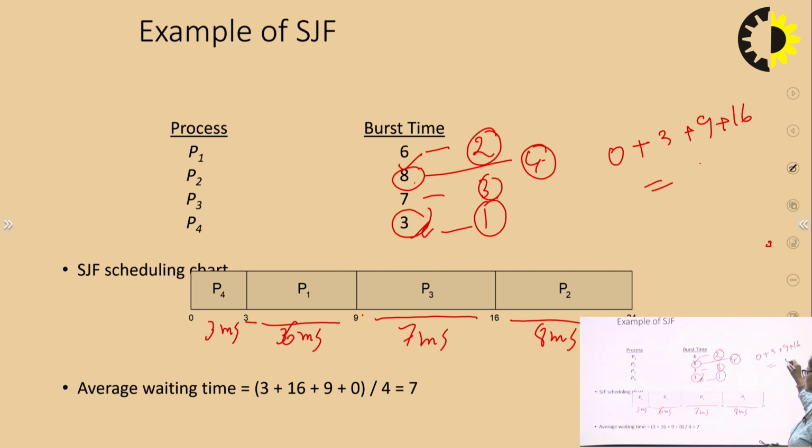So we get 7 milliseconds as the average waiting time. We can solve it with first come first serve also, but we will find the average waiting time is very low in comparison with FCFS. The only problem associated with this is how to know the length of the next CPU burst.